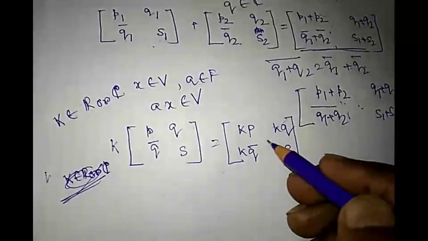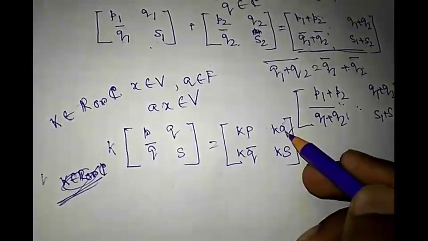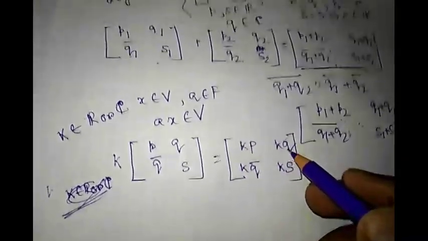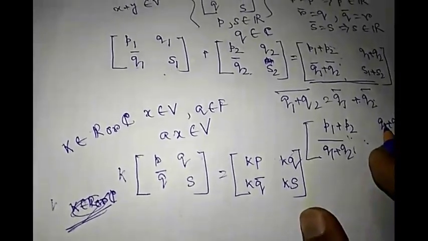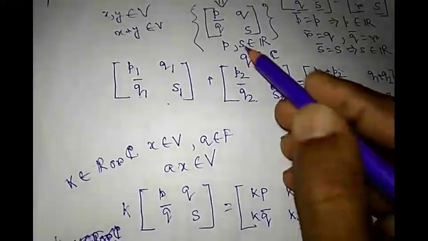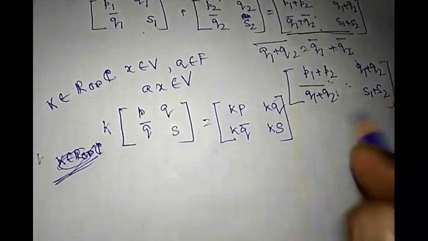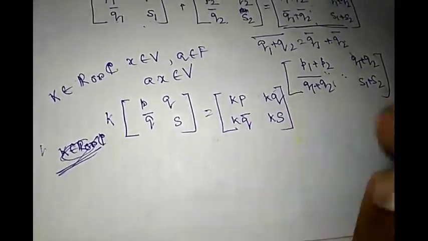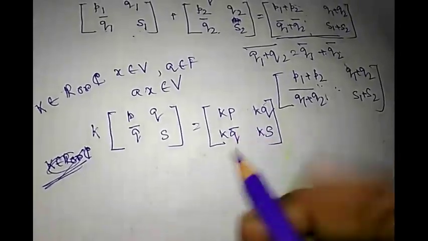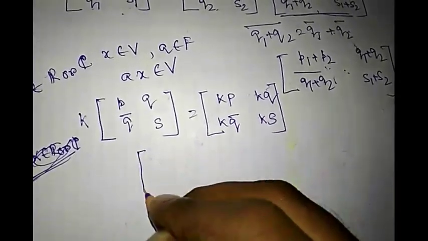Now we have to show that this matrix is a Hermitian matrix, and it is of this form. Now when will this matrix be a Hermitian matrix? To be Hermitian, it has to satisfy this condition.